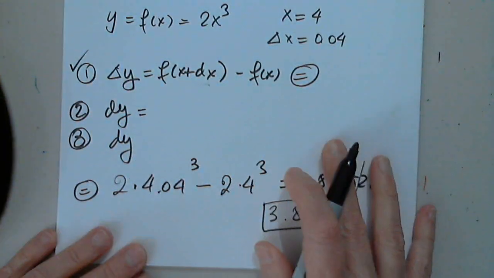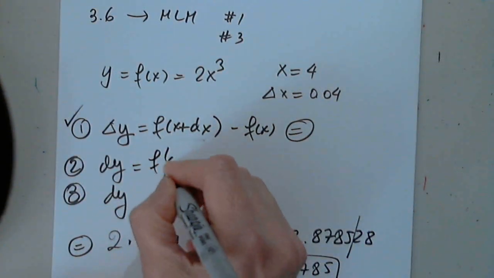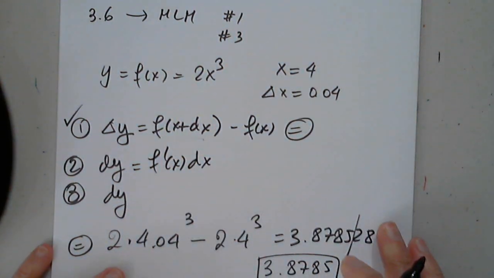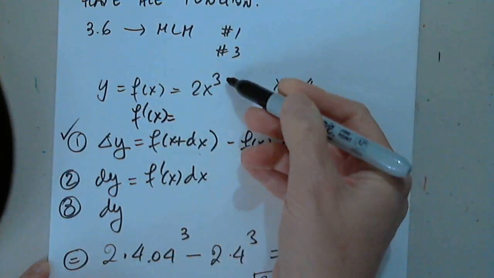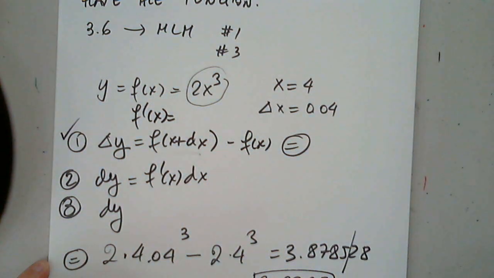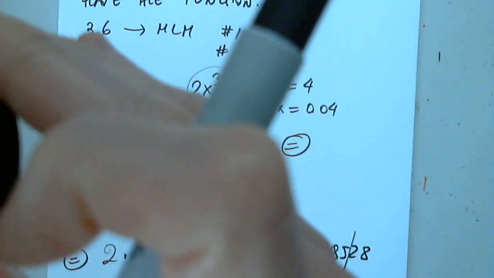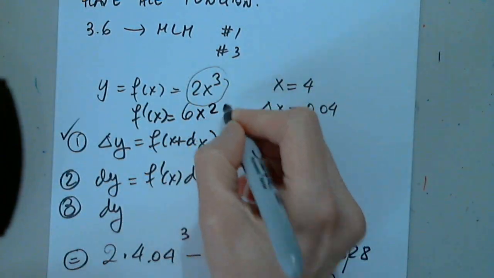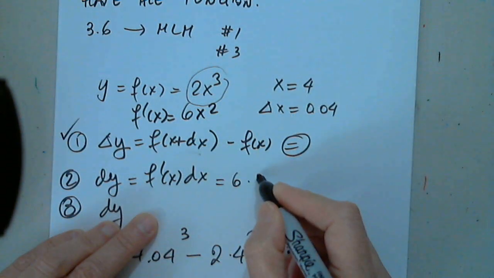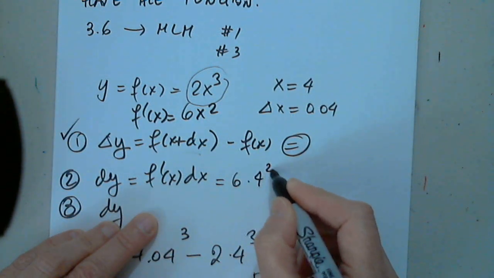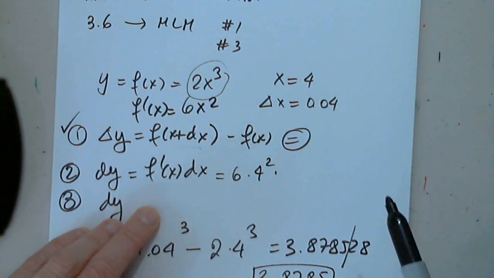Now dy is f prime of x dx. So first we have to find f prime. Can anyone give us f prime for this? It's 6x squared. Very good. So then I have 6 times 4 squared. I wanted to write 16, but I want you to see it.